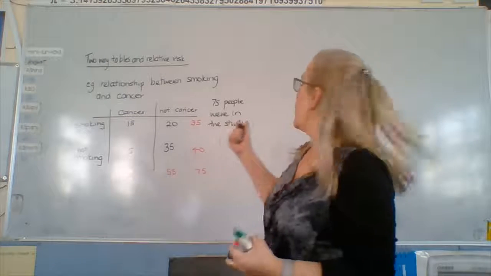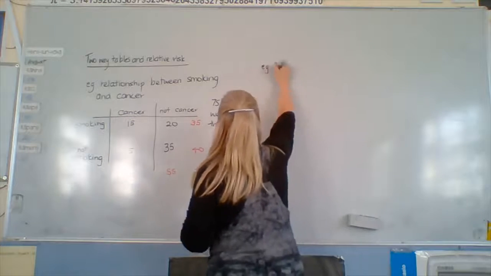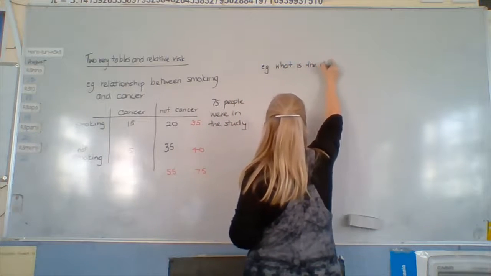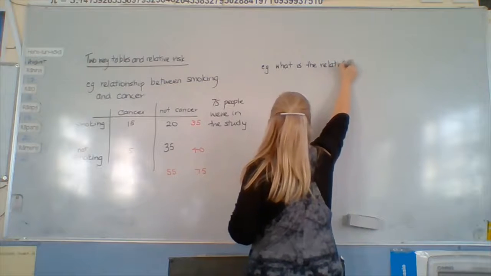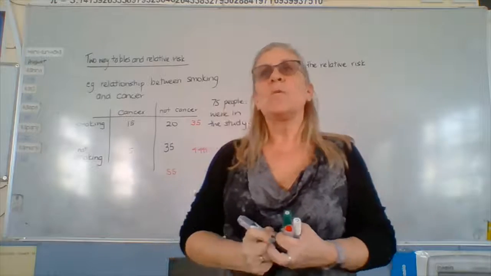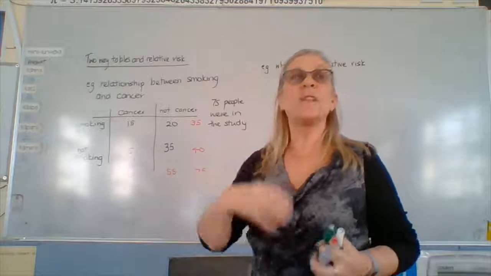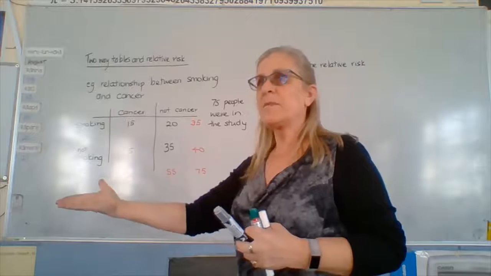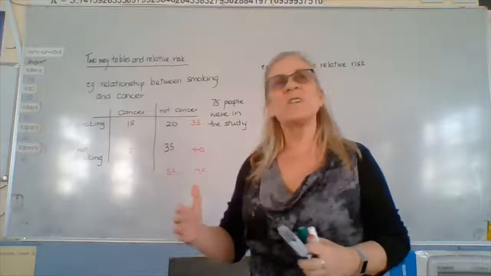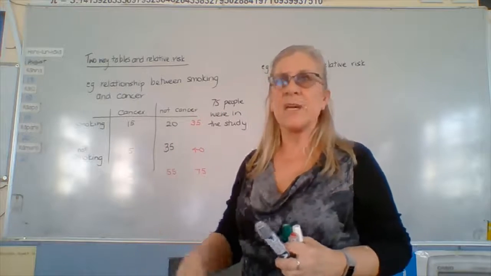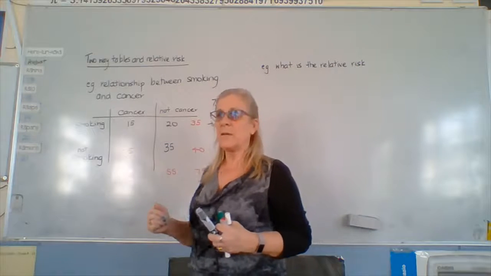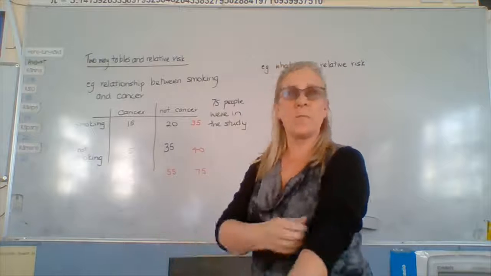So we have a question. What is the relative risk? Now there is a difference between relative risk and risk. When we're talking risk, we are talking the average, so how many people out of how many people. When we are talking relative risk, we are comparing it to something else. So the risk of having cancer would be 15 out of 20. The relative risk needs to have a comparison to something else.